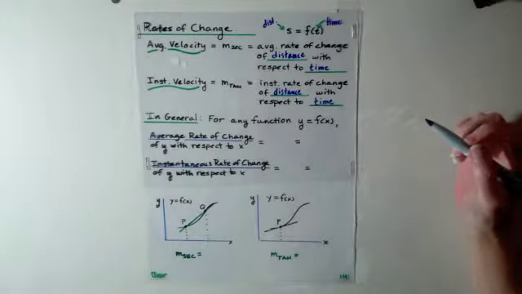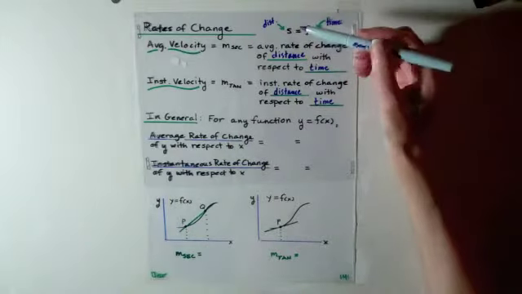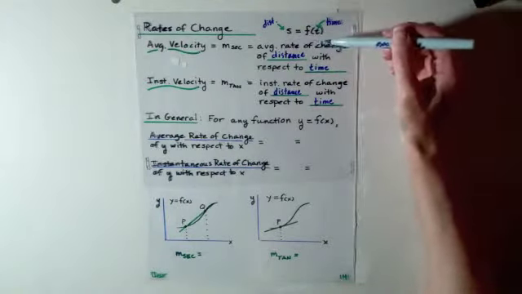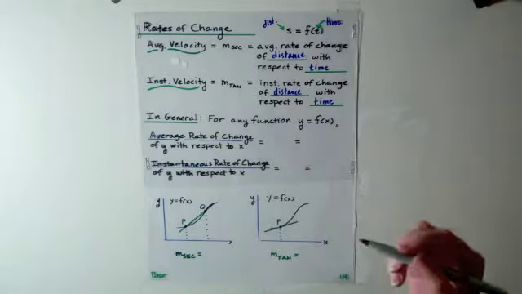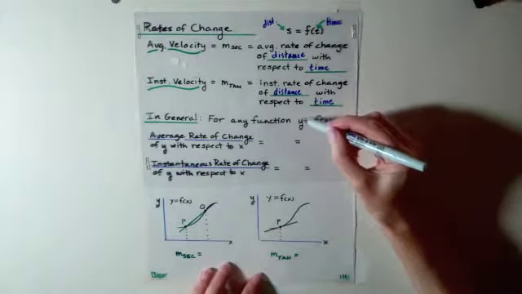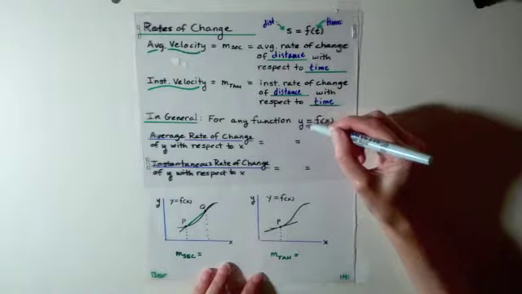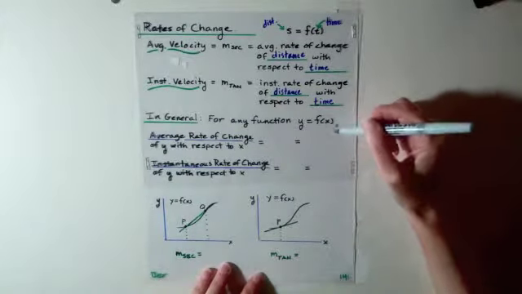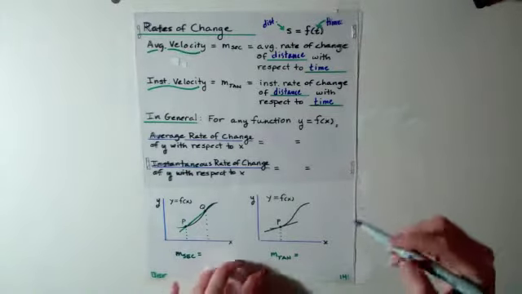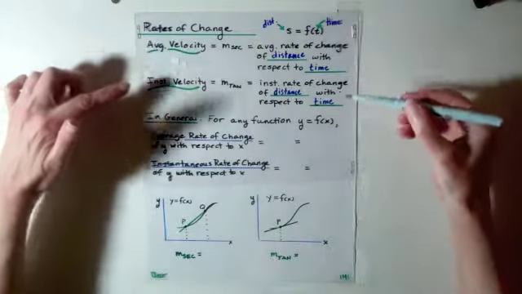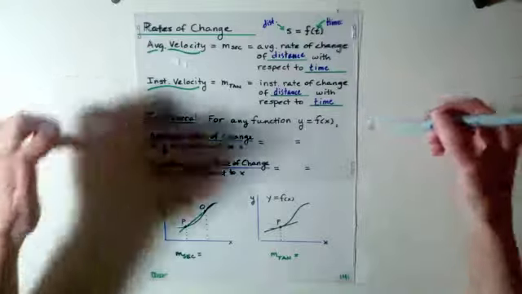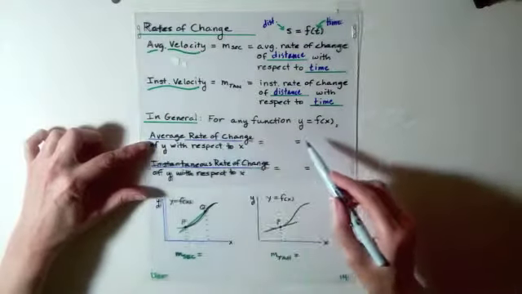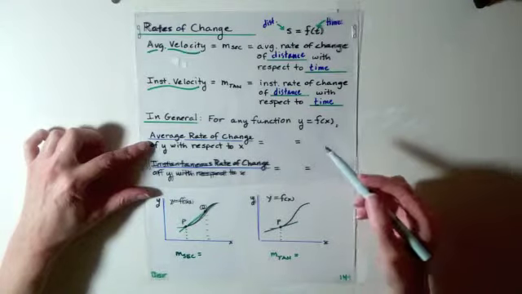So now, instead of thinking about a specific application of distance and time where s is equal to f of t, let's think about a more general function where we have any output quantity y equals some function of any input variable x.